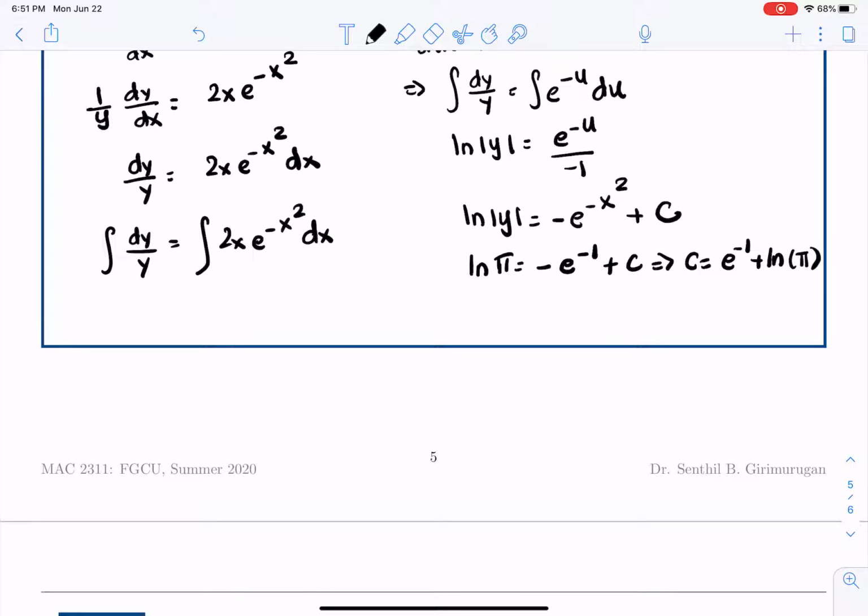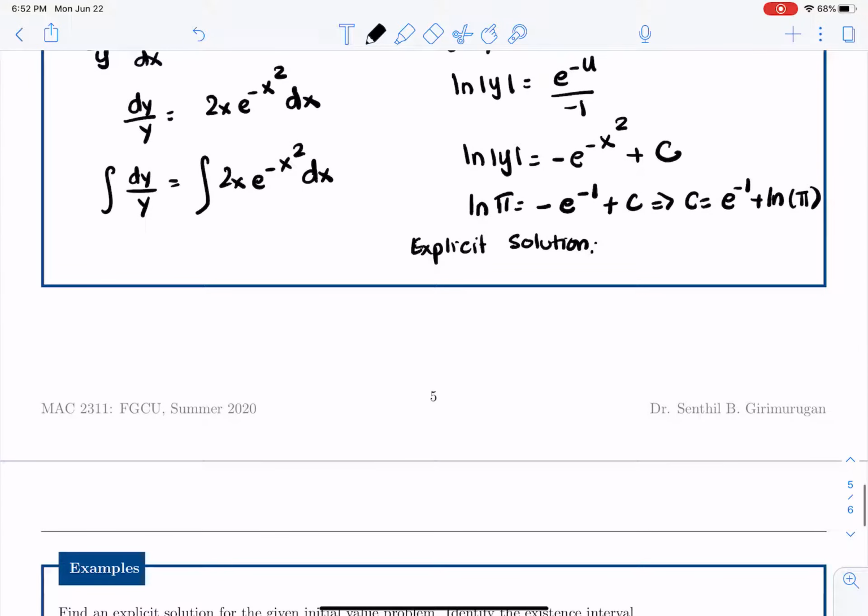So the explicit solution here is ln of y equals negative e raised negative x squared plus ln of pi plus 1 over e. I'm simply rewriting e raised negative 1 as 1 over e.